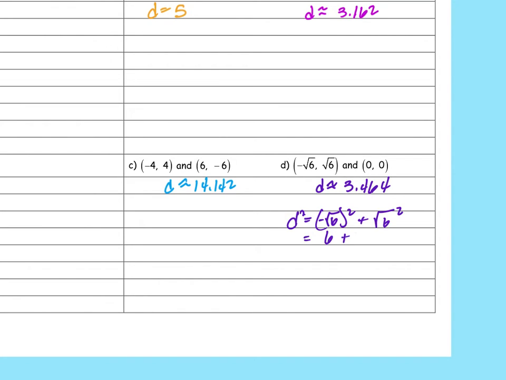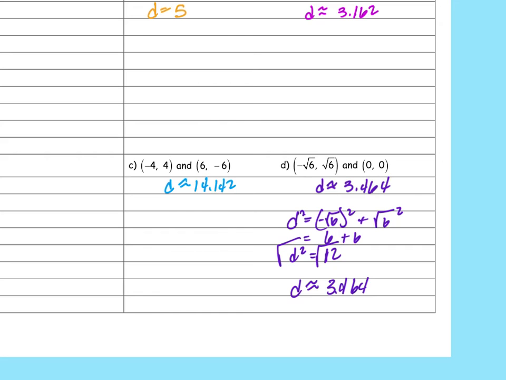So that's 6 plus 6, which is 12. Oh, it's because I just did 6 squared plus 6 squared. I didn't do 6 plus 6. Oh, no, it's not 6 squared plus 6 squared. Yeah, that's what I did. Okay. So D is approximately equal to 3.464. Order of operations.